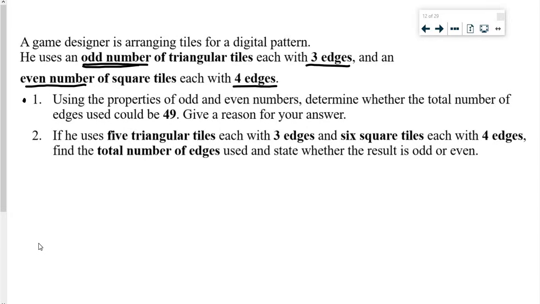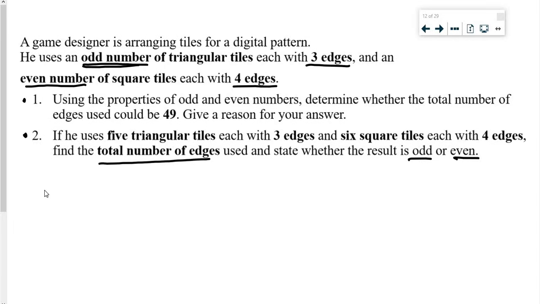Question number 1. Using the properties of odd and even numbers, determine whether the total number of edges used could be 49. Give a reason for your answer. Question 2. If he uses 5 triangular tiles, each of 3 edges, and 6 square tiles, each with 4 edges, can you find the total number of edges used and state whether the result is odd or even?